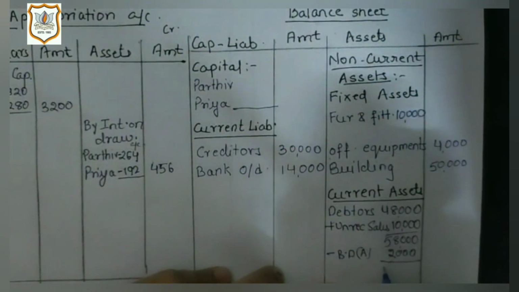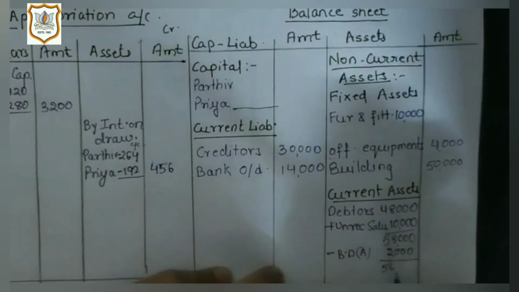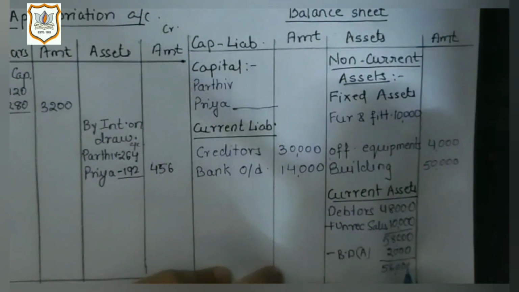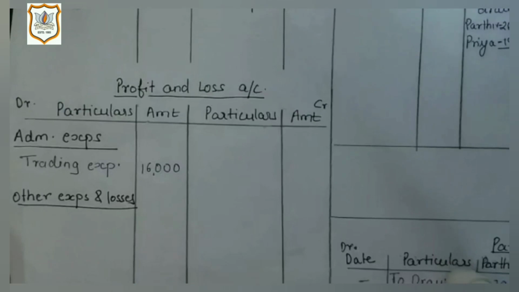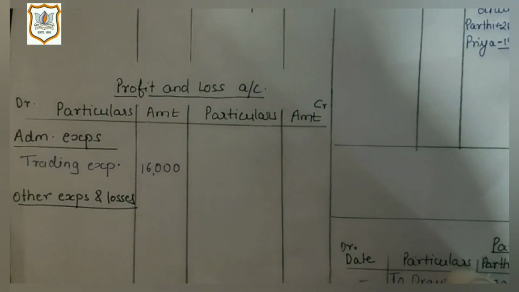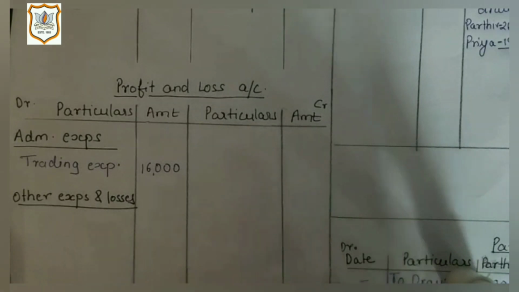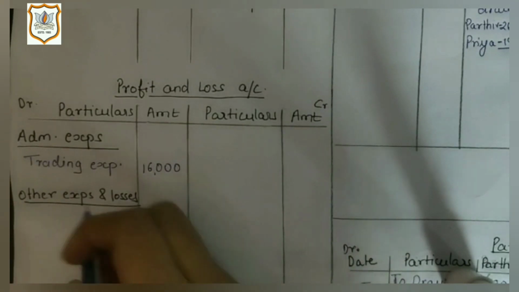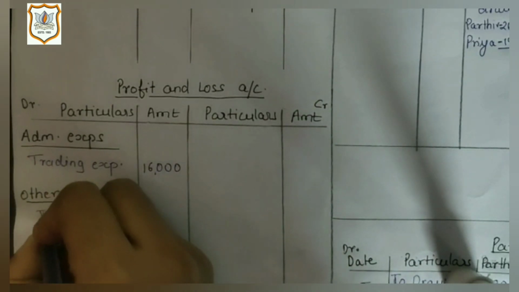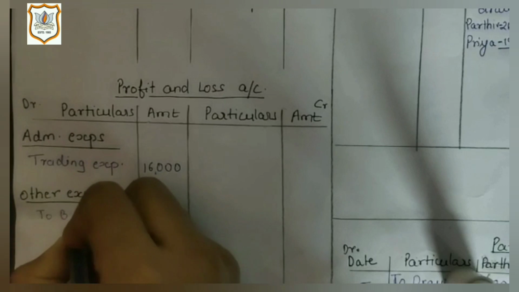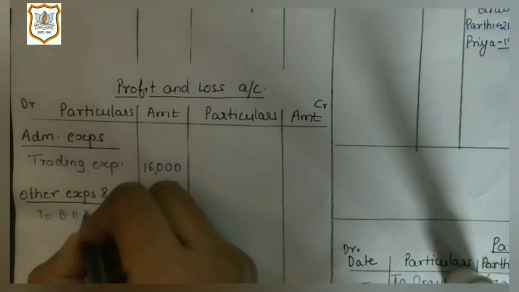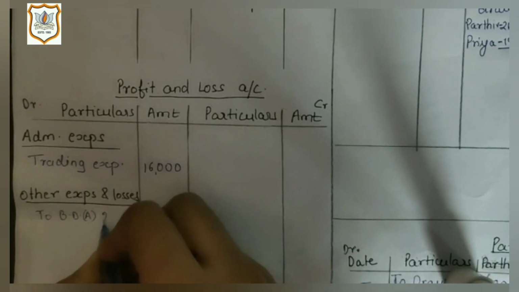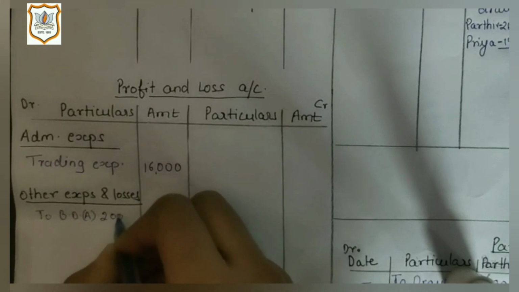By subtracting it, we will get 56,000 remaining debtors. And second effect will be on debit side of profit and loss account, since it is an expense for the firm. So we will write here under the heading of other expenses and losses, bad debts as per adjustment, inner column 2,000.